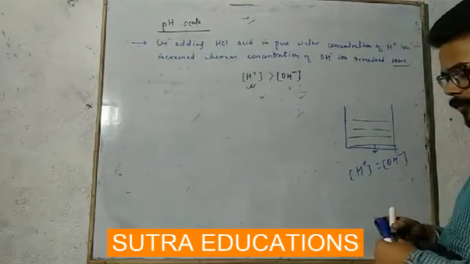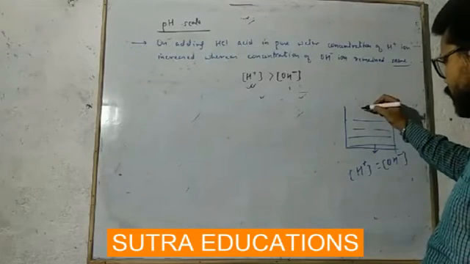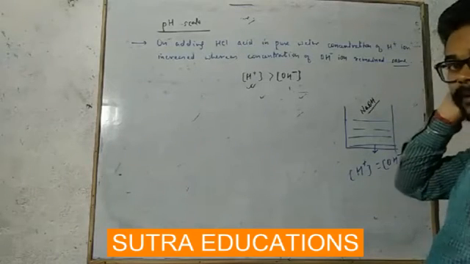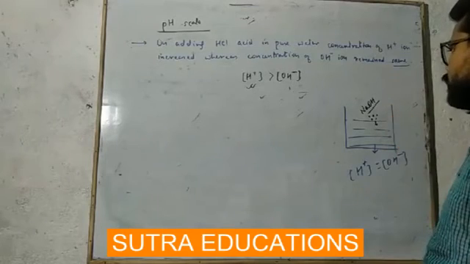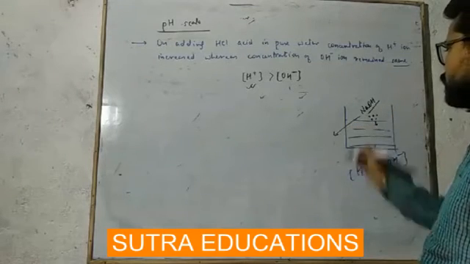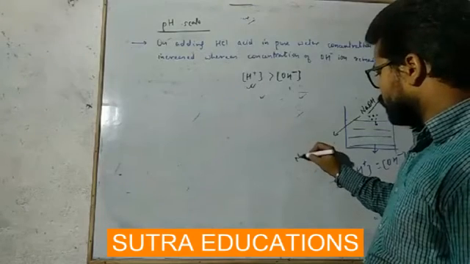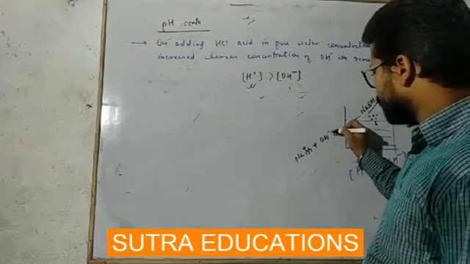This time we are going to add some base, say NaOH, sodium hydroxide. Drops of sodium hydroxide base we are adding into it. This NaOH after dissolution in water will break into Na plus aqueous and OH minus aqueous.